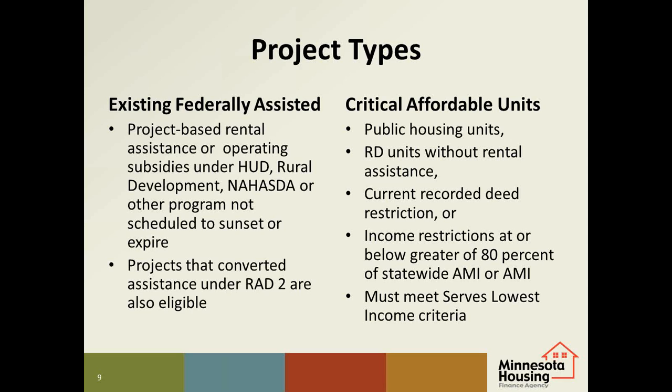Additionally, to receive points, critical affordable units must also claim and be eligible under the CERV's lowest income tenants rent reduction priority, option 1 or 2, and option 3. Developments with critical affordable units are eligible for 6 points.